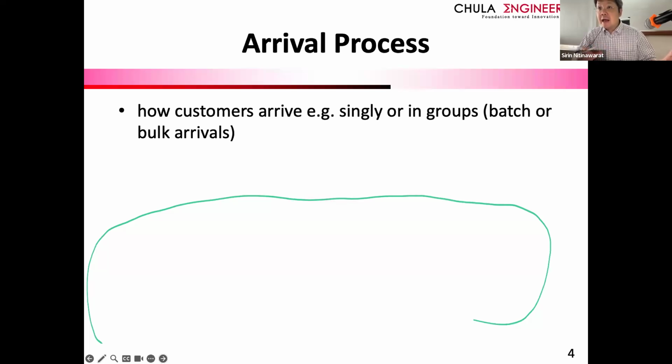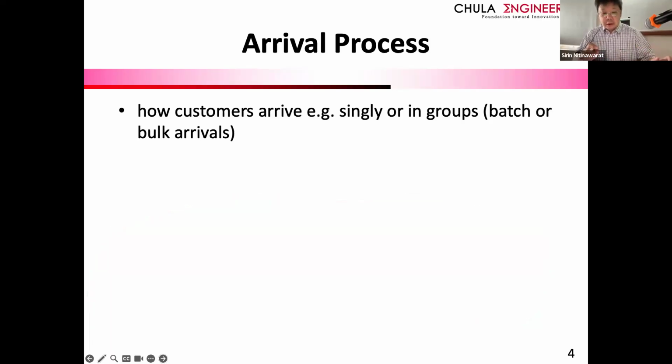Process signifies that the subject under study is a function of time, because here you want to study how different customers are arriving as a function of time. And as you can imagine, there will be many aspects to this.